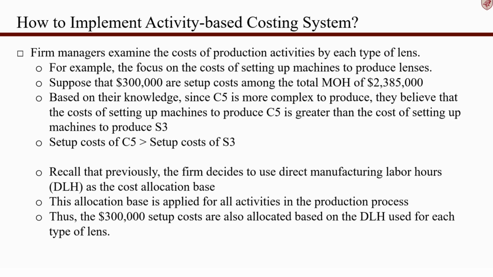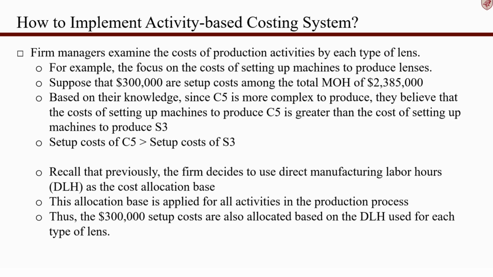So managers believe the setup cost of C5 should be greater than the setup cost of S3. If you recall from a previous case where they didn't apply a refined costing system, the firm decided to use the manufacturing labor hour, the DLH, as the cost allocation base, right?